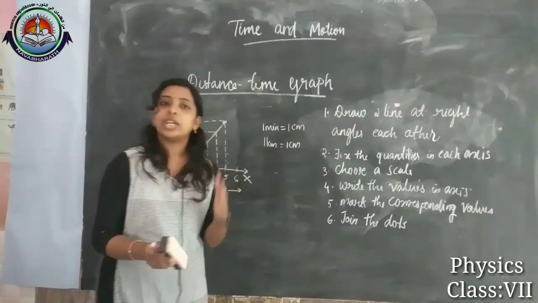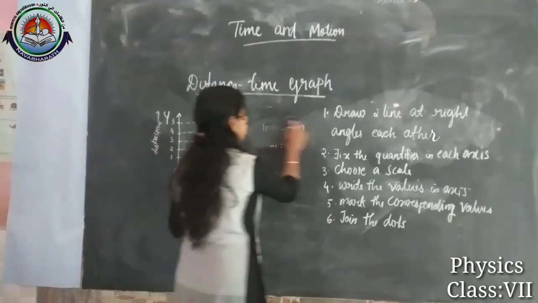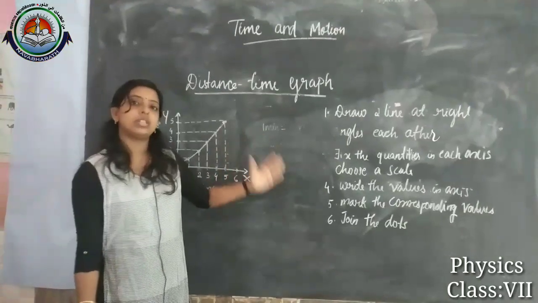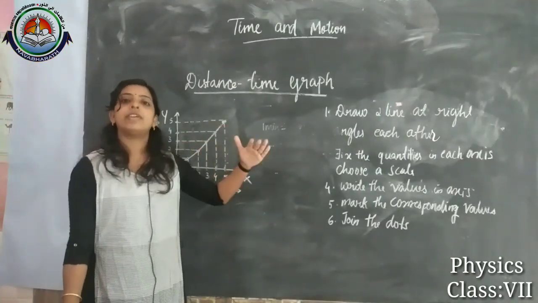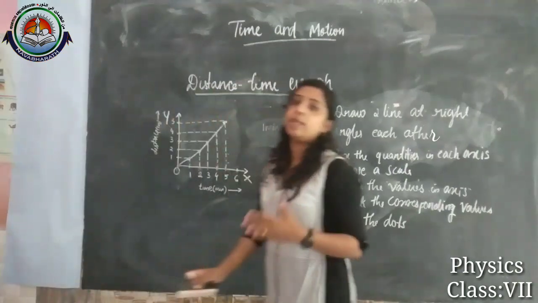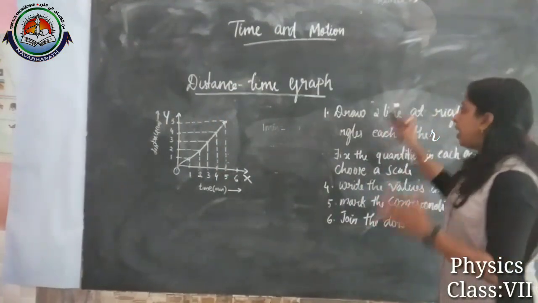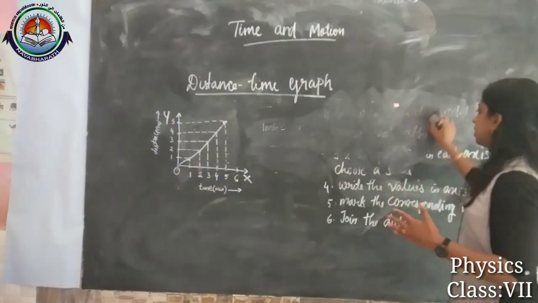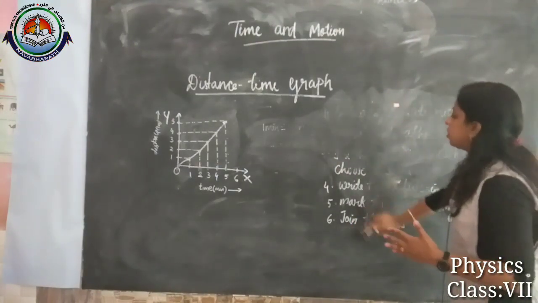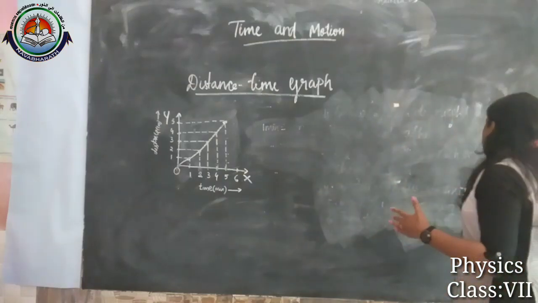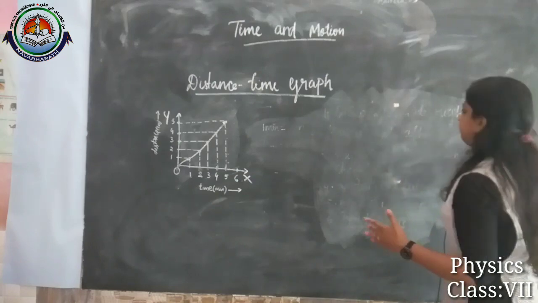Now we can discuss all these cases with the help of various situations, how the distance time graph looks in different motions. In the previous class we learned about uniform motion and non-uniform motion. Now we are going to discuss the distance time graph in the case of uniform motion and non-uniform motion.